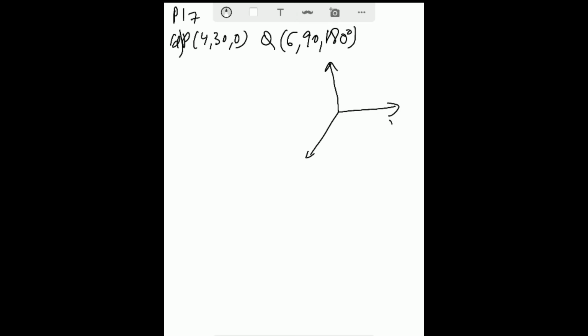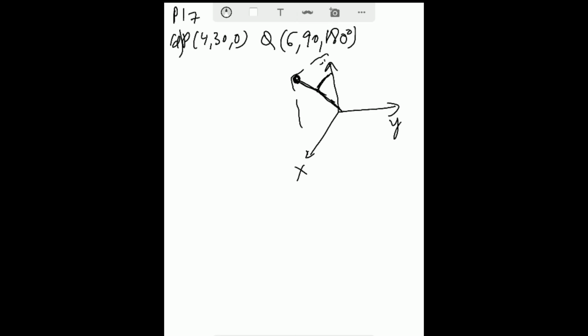So this is my y and this is my x. It is on this plane. Basically this point is 30 degrees from here, around here on this plane.